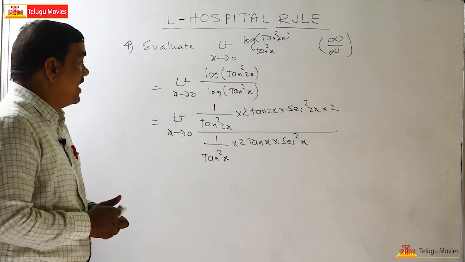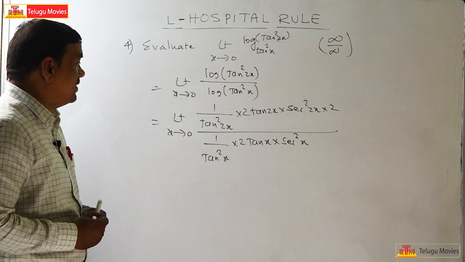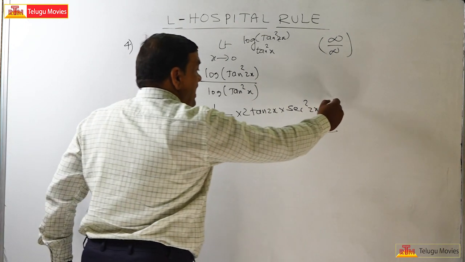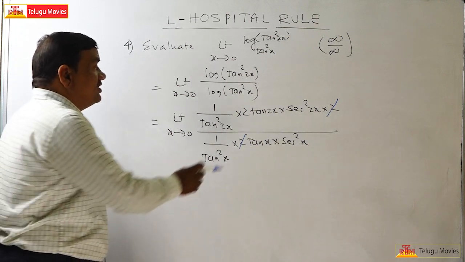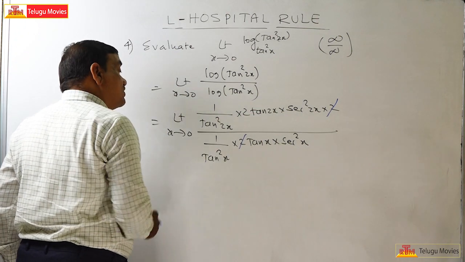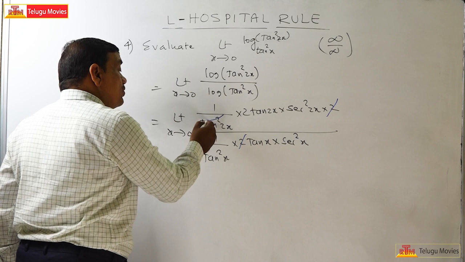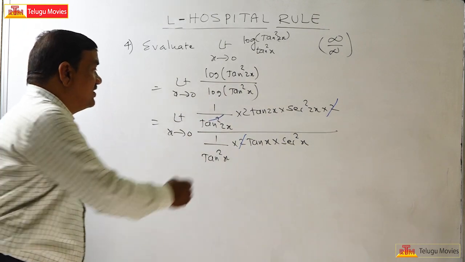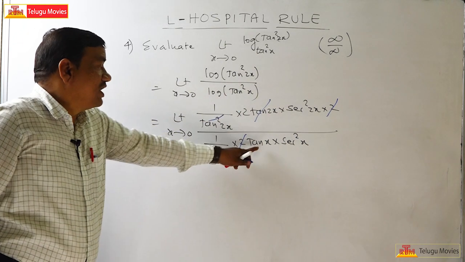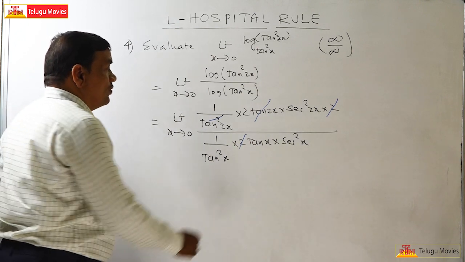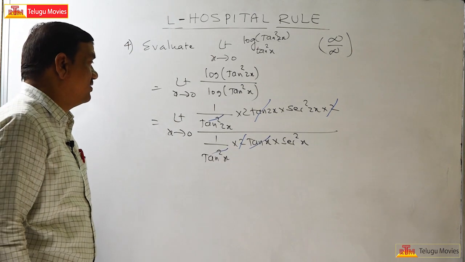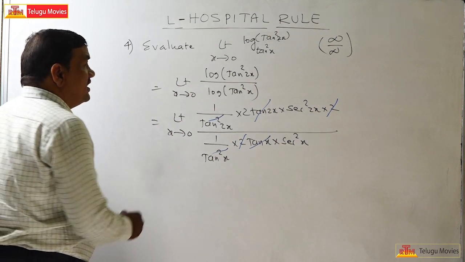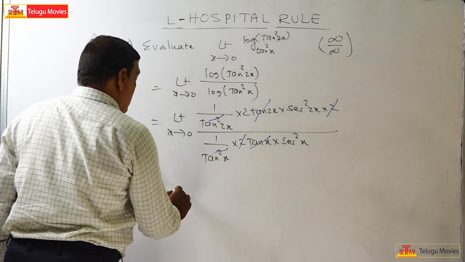Understand? Any more cancellations will take place here. We can cancel 2. This is tan square 2x and this is tan 2x, so one tan 2x we can cancel here. Here also tan x and tan square x, we can cancel tan x. Now let us see what remaining terms we have.